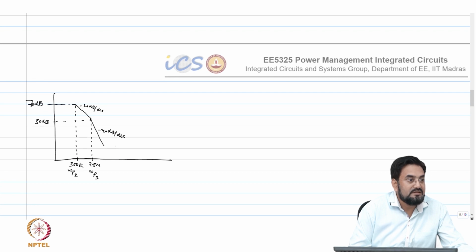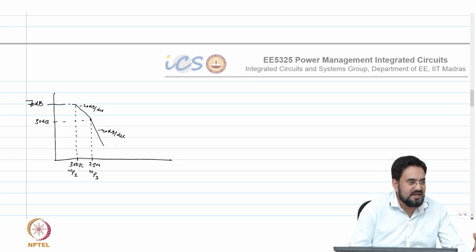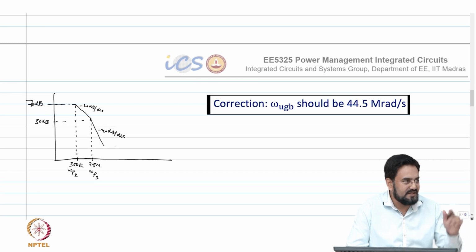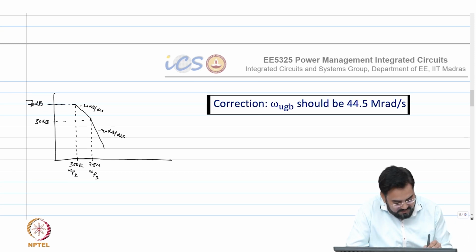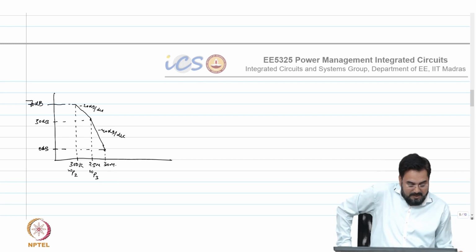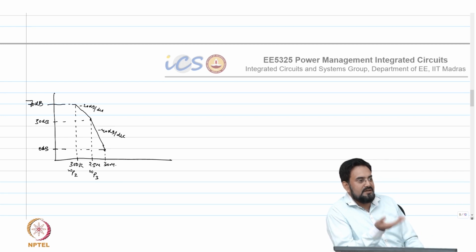Can you tell? 25 mega is 40 dB. So slightly above 25 mega. I would assume 30 mega. So let's say 0 dB here at 30 mega. What will be the phase here? Again, phase margin is very low.